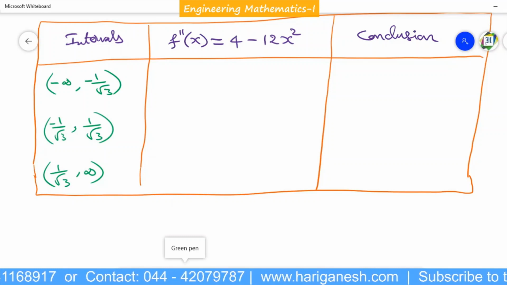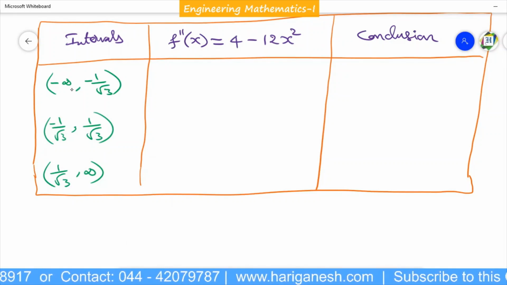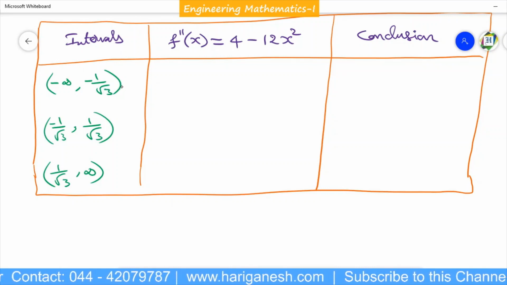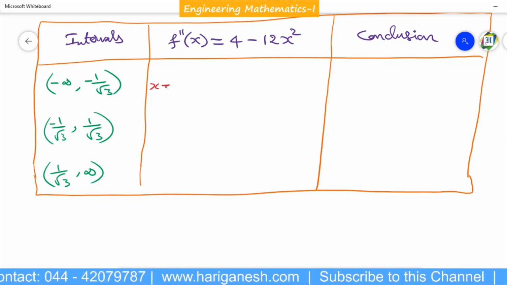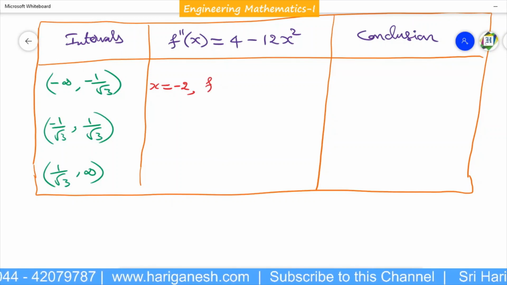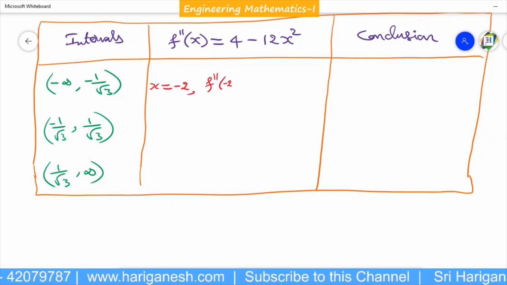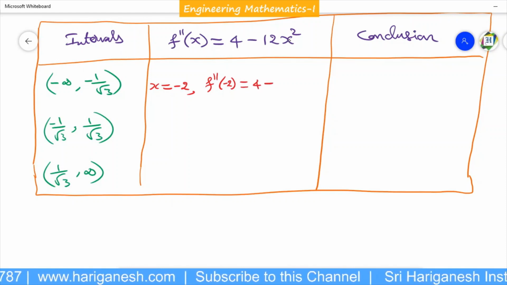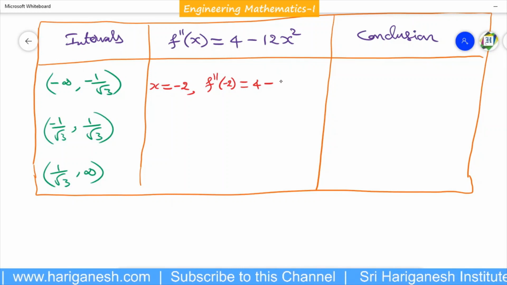Now, randomly choose any value between minus infinity and minus 1 by root 3. You take minus 2, it is better. Okay, x equal to minus 2 I am choosing. So f double dash of minus 2 is 4 minus 12 times 2 square, 4 minus 48.